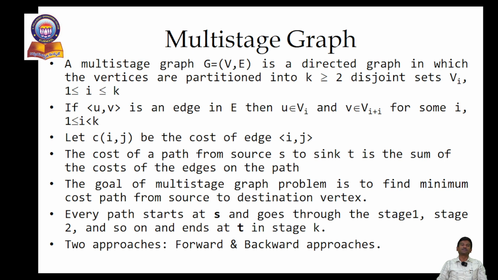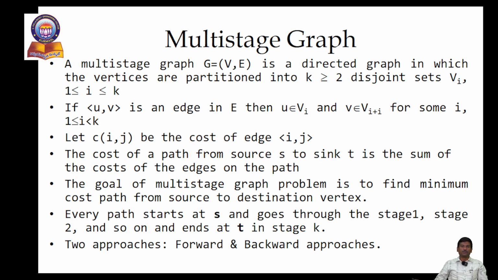But in dynamic programming, if the solution of a certain sub-problem has been found and it is the optimal solution, then this solution can be used in solving other sub-problems of the same kind. Similarly, there are two criteria involved in dynamic programming, that is overlapping subproblems and optimal substructure, which were discussed in the previous video.